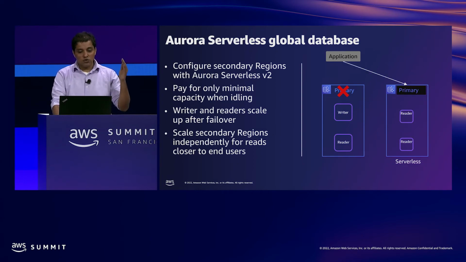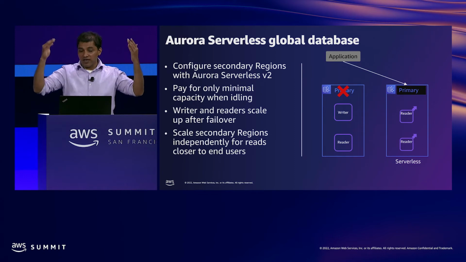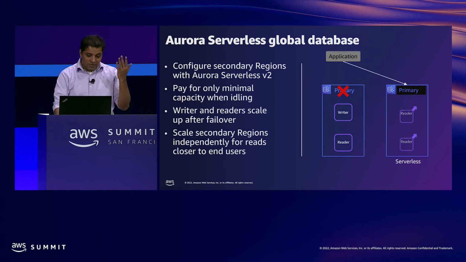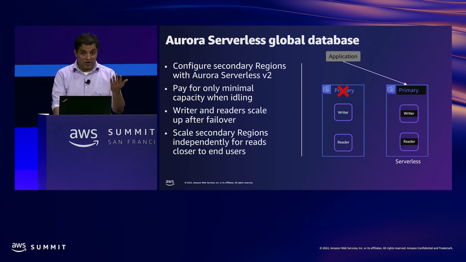And with this, you can fail over to that secondary region. And when you fail over, remember, these are serverless. So as soon as it gets the load, it'll start to scale up, and they will become the writer at that point, right? And then if you wish, you can switch them back to provisioned, however you want to see it.